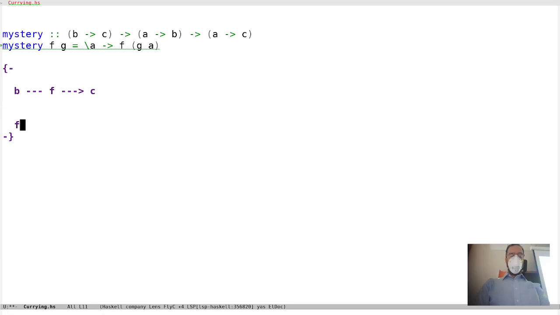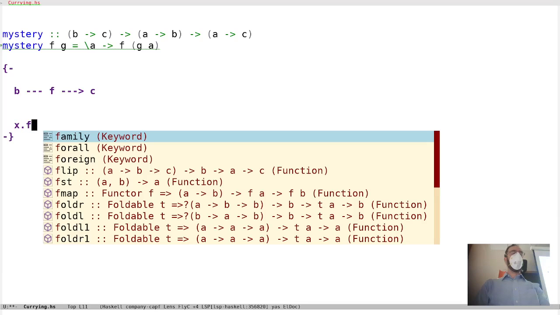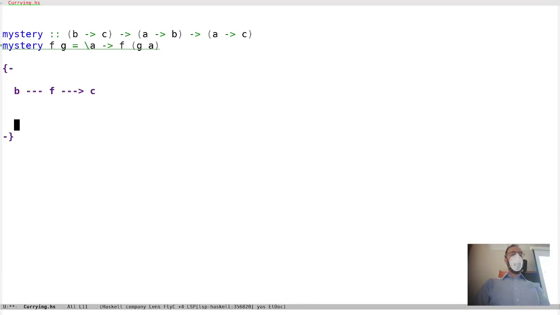Euler was the one who started using this notation for applying functions with arguments. And he really should have used this notation or something, or x dot f or something like that, because we read from left to right, right? And when we write a type, we write the arrow going from left to right.